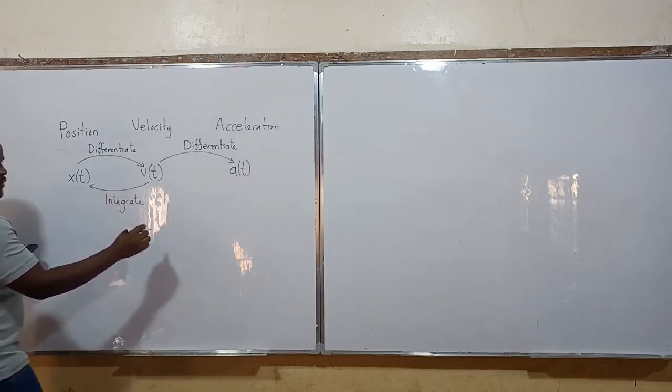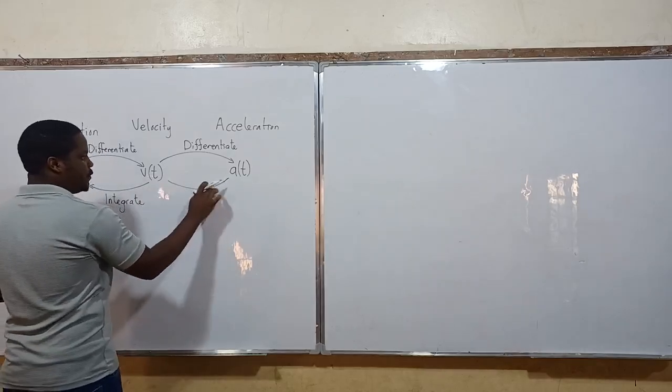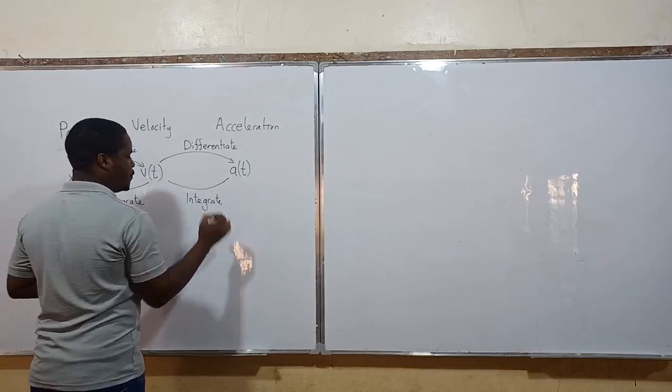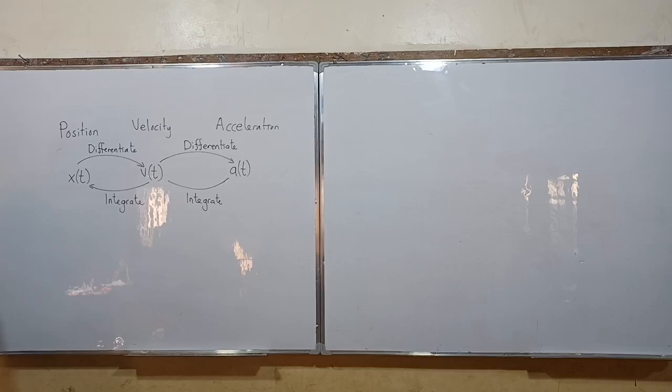When you differentiate a function, what you get is a derivative, just like when you add two numbers, what you get is a sum. When you subtract, it's the difference. When you multiply, it's the product. So when you differentiate, you get a derivative. When you integrate, you get an integral.